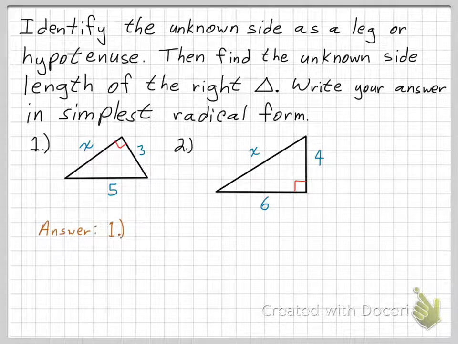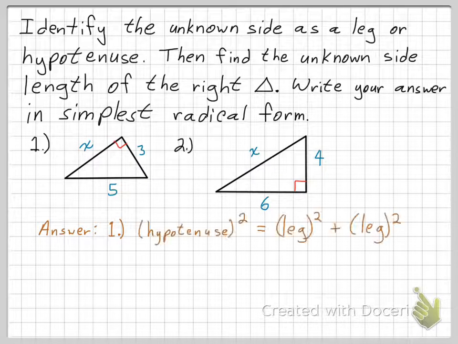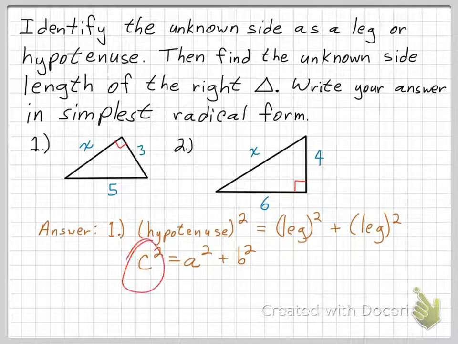The answer to number 1 is gotten through the use of this formula. The hypotenuse squared is equal to the leg squared plus the other leg squared. So c squared is equal to a squared plus b squared, where c is your hypotenuse. In this case, the hypotenuse is 5.